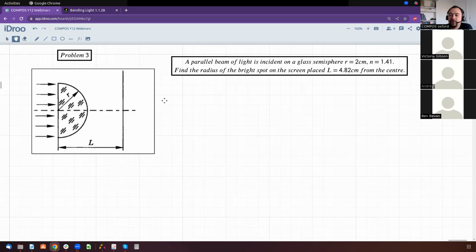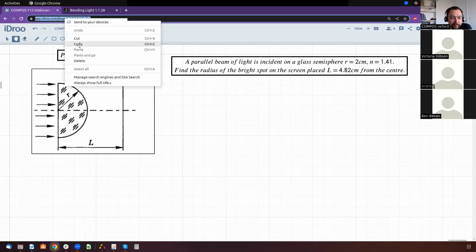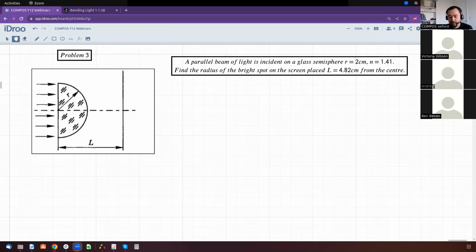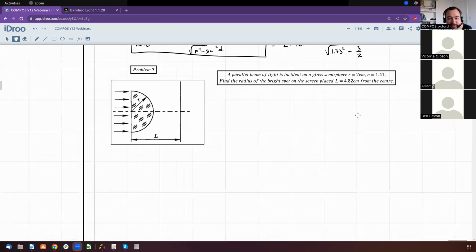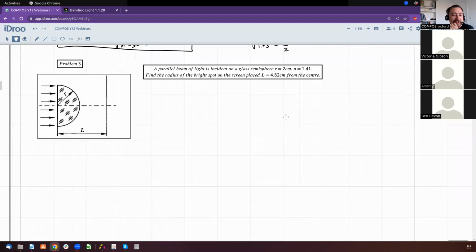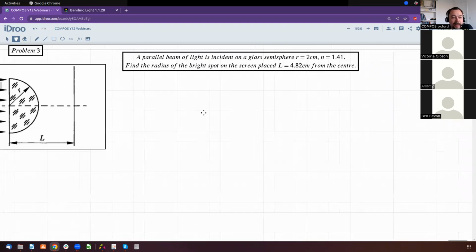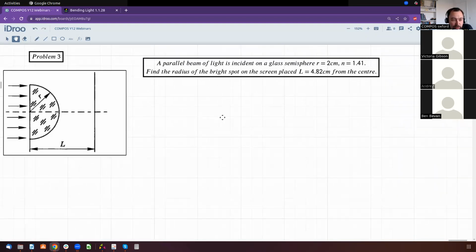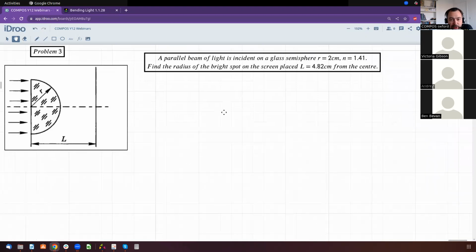If you want to draw it here on the board, just type your name, and I'll give you access to edit the board. So I'd like you to spend 2-3 minutes to draw the diagram, and see if you can solve the physics part of this problem.